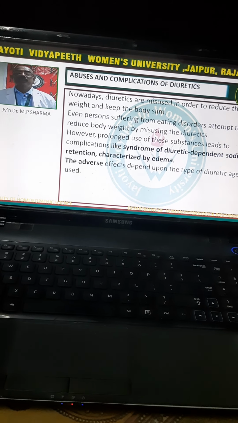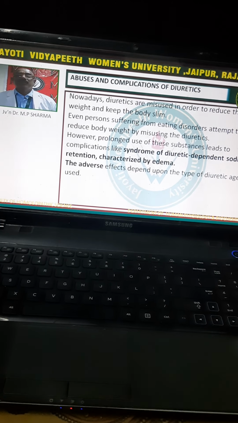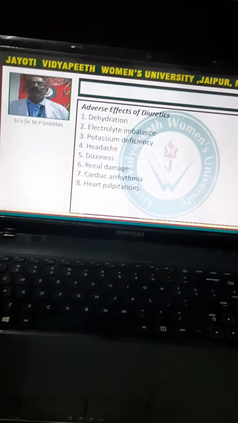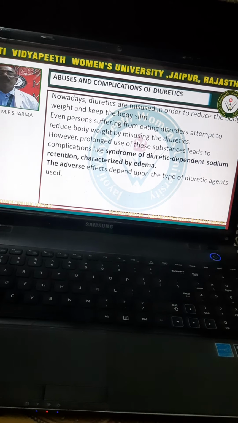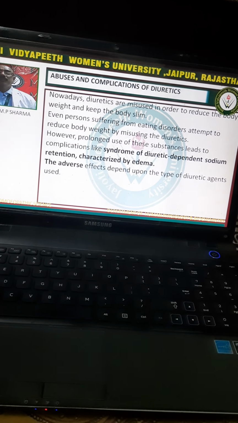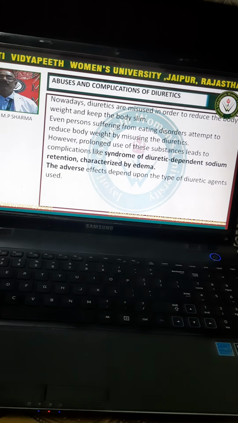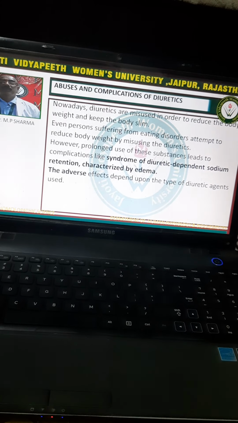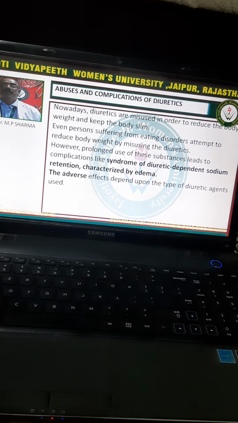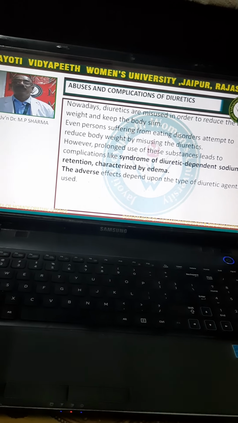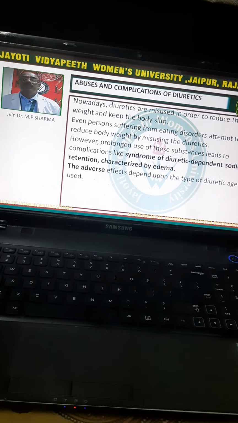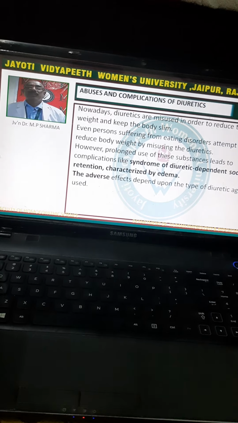However, prolonged use of these substances leads to complications like syndrome of diuretic-dependent sodium retention, characterized by edema. The adverse effect depends upon the type of diuretic agent used.